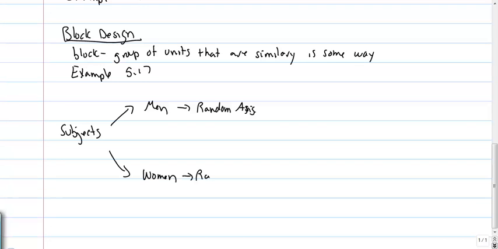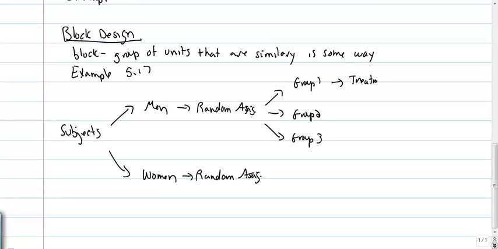within each of those blocks. We might have three groups, group 1, group 2, and group 3 for the men. And whatever the treatments are, we'll just call it treatment 1, treatment 2, and treatment 3.